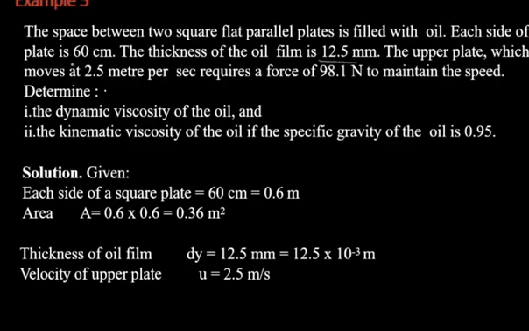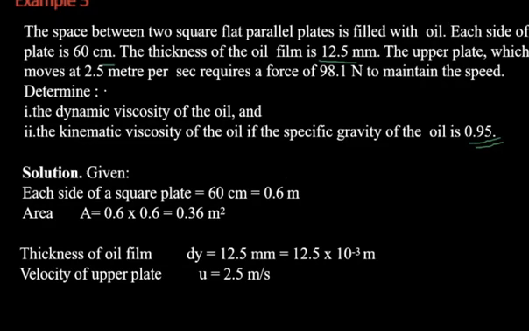The upper plate moves at 2.5 meter per second and requires a force of 98.1 Newton to maintain the speed. Determine the dynamic viscosity of the oil and the kinematic viscosity of the oil if the specific gravity of the oil is 0.95. So whatever they have given, first note it down. It will be easy, but it is lengthier, that's it.